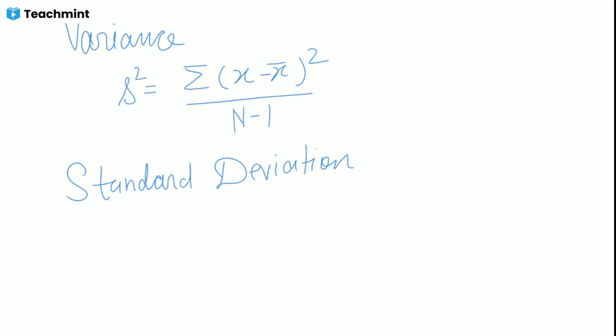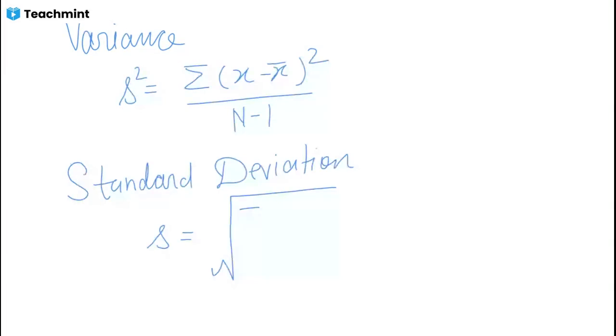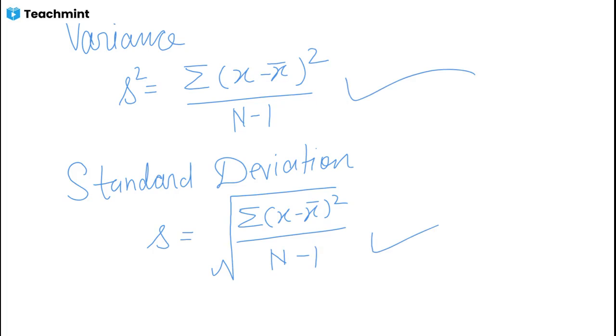Standard deviation is denoted by s only, and then take the square root of summation (x minus x bar) square over n minus 1. These are the formulas of variance and standard deviation. We can find any one of them and then find the other. If you find variance and take the square root, then you can find standard deviation also.